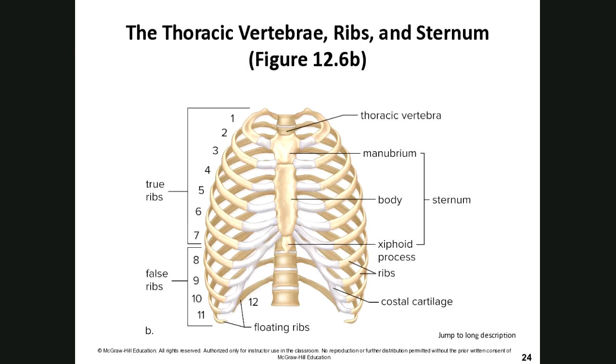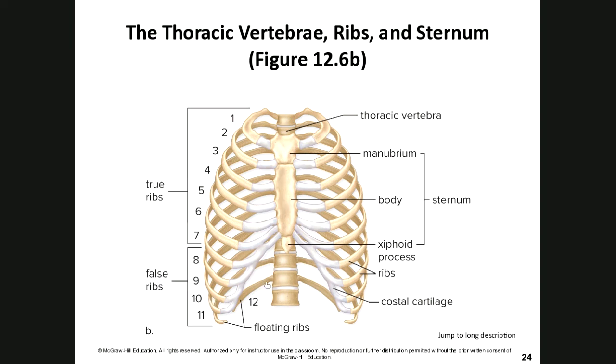So on to the front part. So this would be the anterior aspect of the axial skeleton. We were just in the posterior aspect of the axial skeleton with the vertebral column. Now in the front, in the anterior, we have our thoracic vertebrae that make up the back portion of it. And then we have our ribs. So we have our true ribs here. There are 7 true ribs. And then you have your floating ribs down here at the bottom.